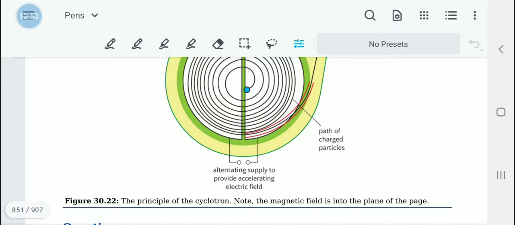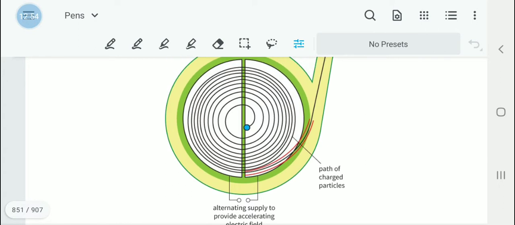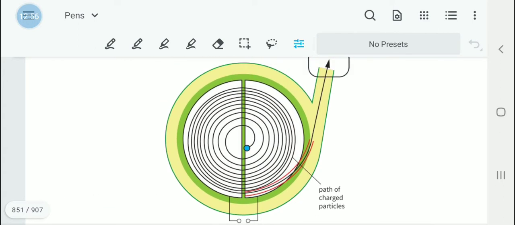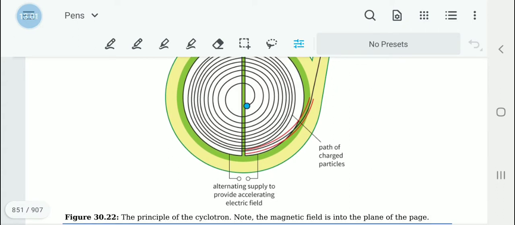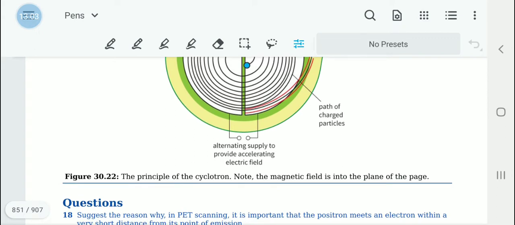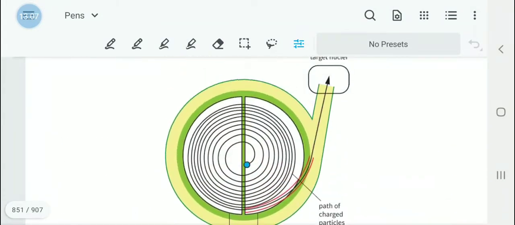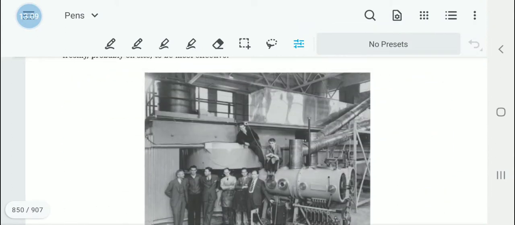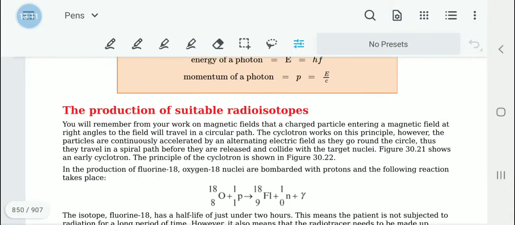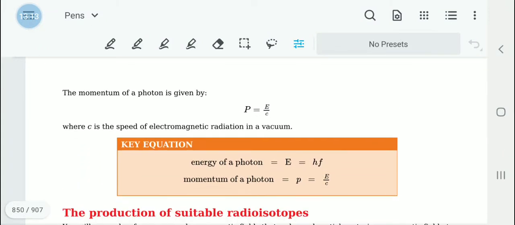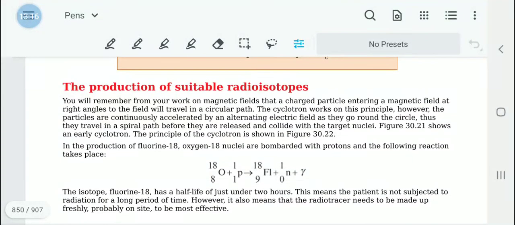The magnetic field is into the plane of the page, and the particle goes in a spiral, and finally the bombardment will occur. Write down a note. So these things you have to just remember as notes. However, this bombardment is another factor that you need to remember.